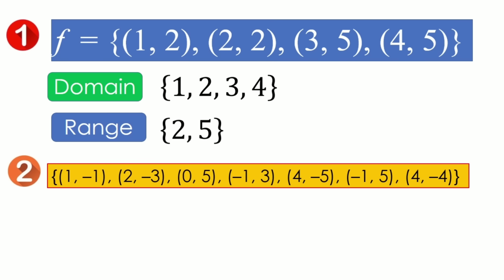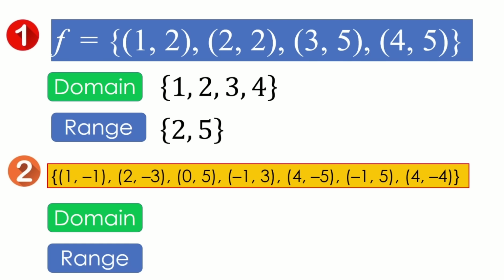Another example. So, we have (1, -1), (2, -3), (0, 5), (-1, 3), (4, -5), (-1, 5), (4, -4). Ano kaya yung domain and range? Sa given, meron tayong 1, 2, 0, -1, 4, -1, 4.